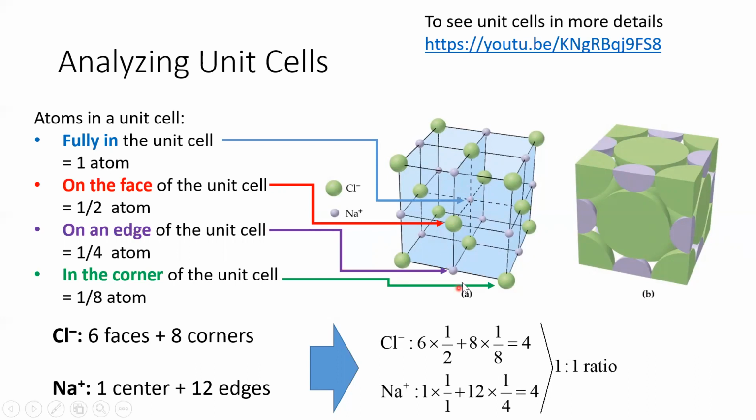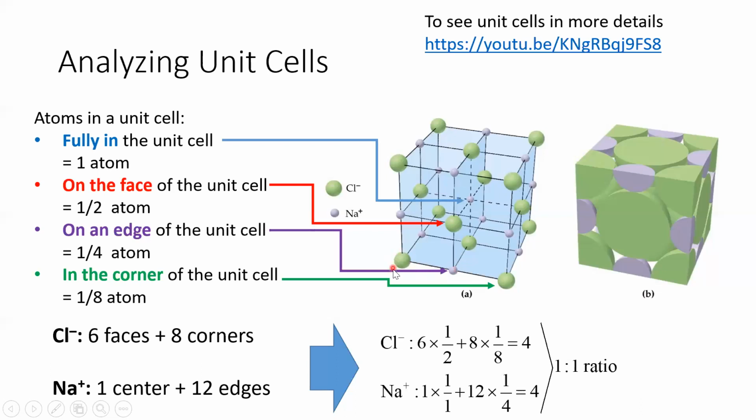If we were to look at the edges here, those are going to be divided into quarters. 1/4 of this sodium ion is associated with this unit cell, but 1/4 would be associated with the unit cell next to it, and 1/4 would be associated with the 2 that are below it. So this ion gets divided into 4. So this unit cell would only have 1/4 of this ion.